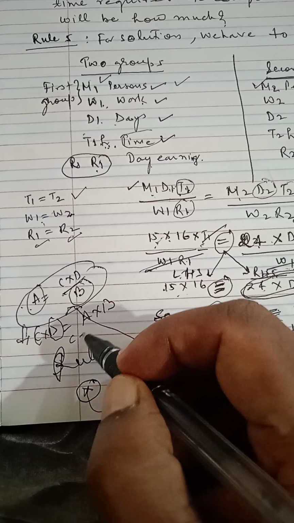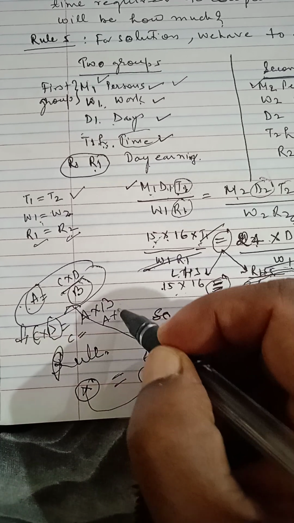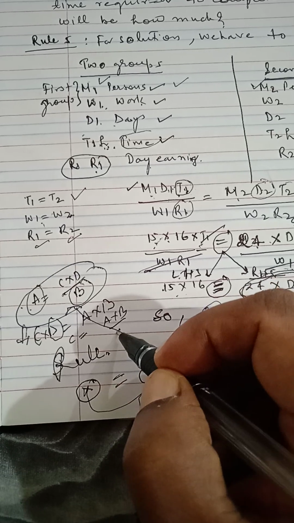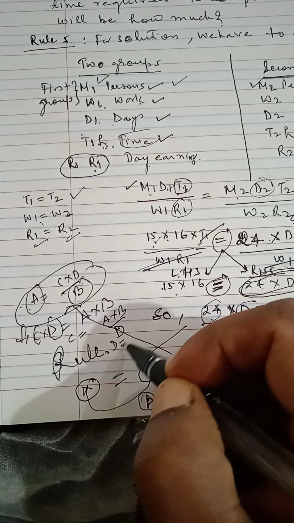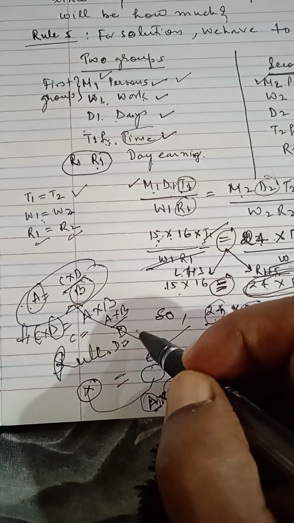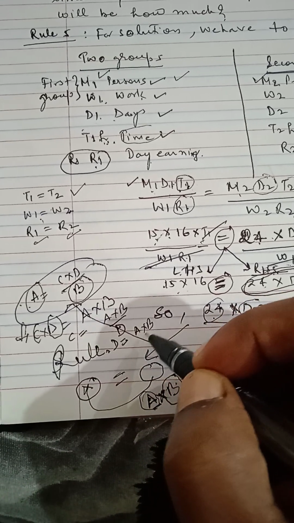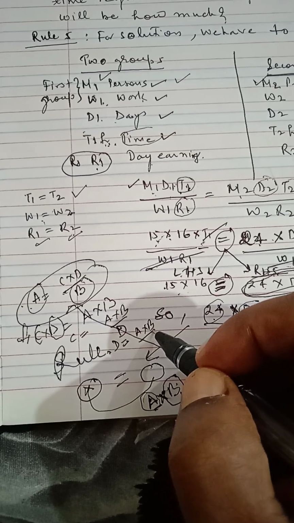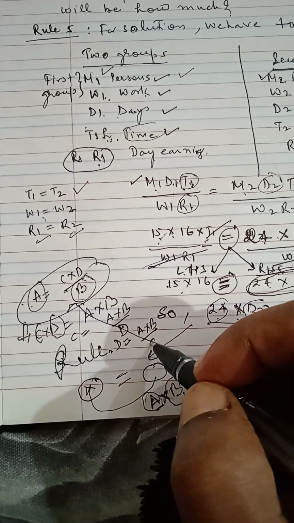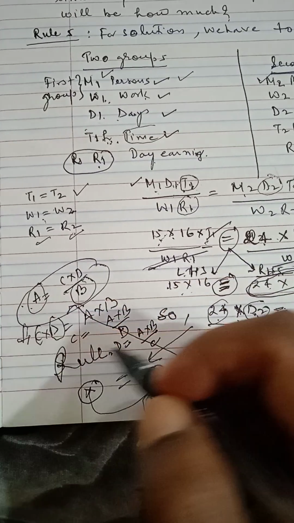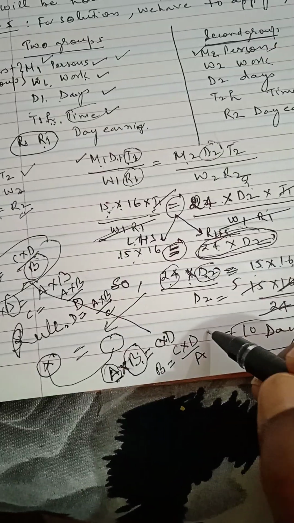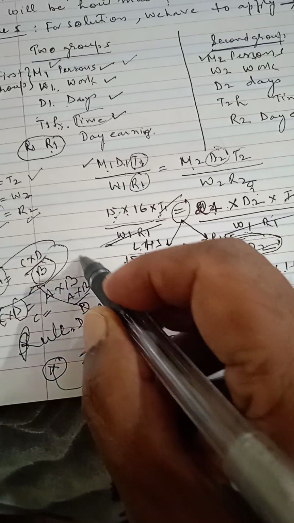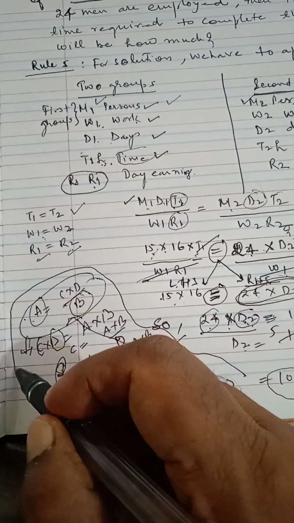C can be written as A into B upon D, and similarly D is equal to A into B upon C. This is the rule you have to remember. This will be helpful to solve the question.